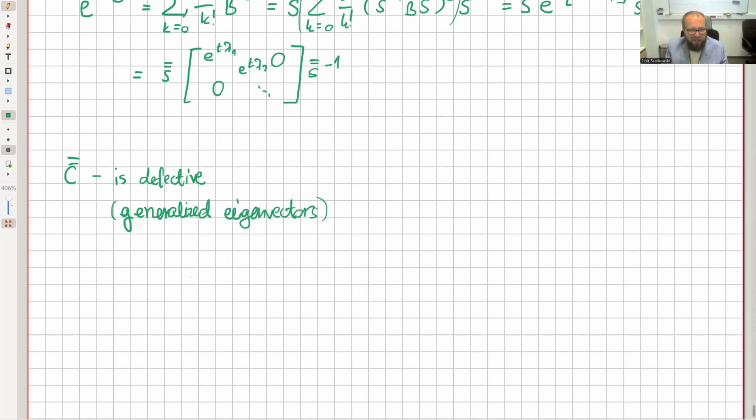But the idea is that you can fill your bases in such a way that you will be able to find a transformation N that, when you sandwich C, your defective matrix, with it, will bring your matrix to the following form.